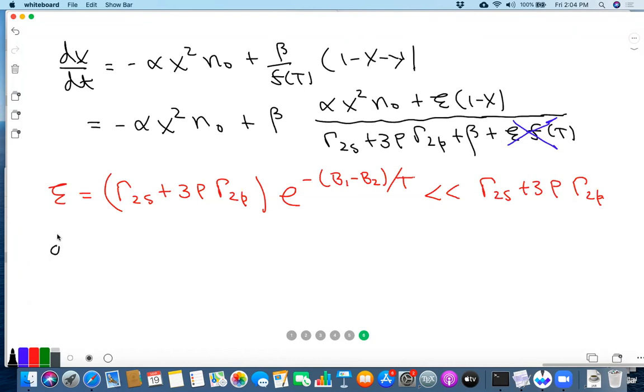So if you take that, then we get dx/dt. We are not going to now try to combine. So we get alpha x squared n naught, or minus alpha x squared n naught, okay, let me just check the sign here.